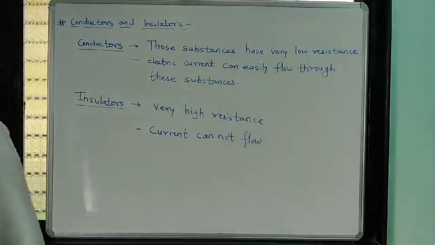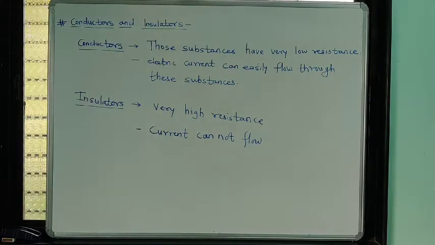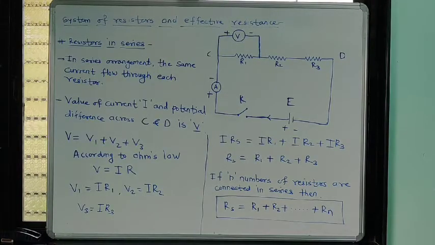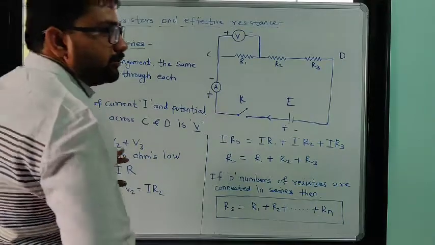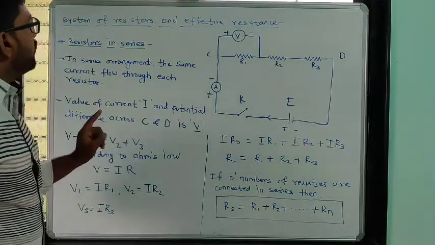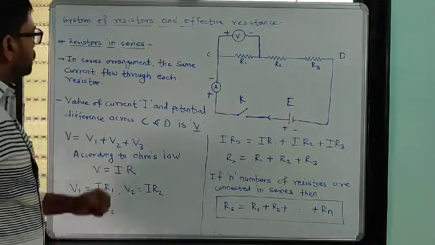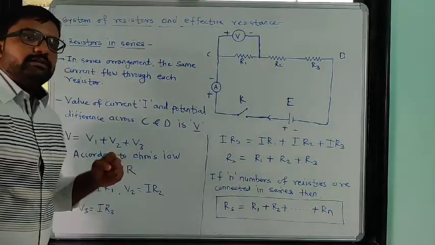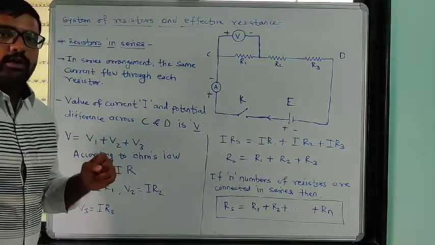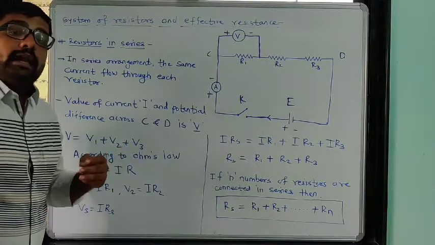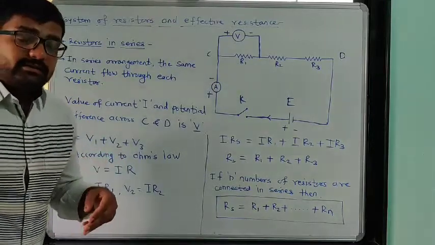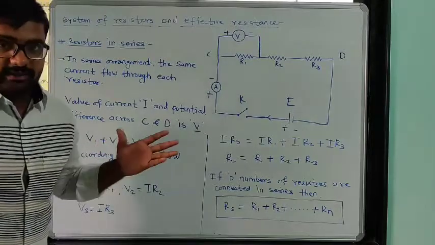Now the next topic we have to see is the system of resistors and effective resistance. Okay, so actually, system of resistors means what? It means that we can connect these resistors in different ways.